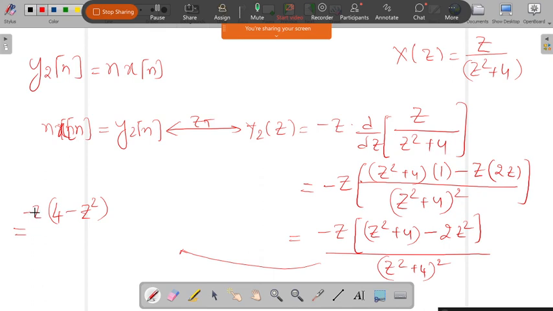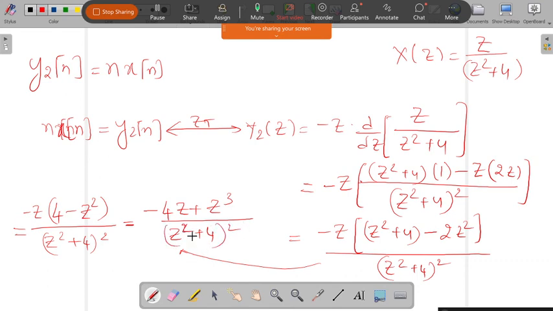So with this minus z, divided by z square plus 4 whole square, it will be equal to minus 4z plus z cube divided by z square plus 4 whole square. So this is your y2 of z. Is it clear? Have you got it? Yes, sir. Okay.